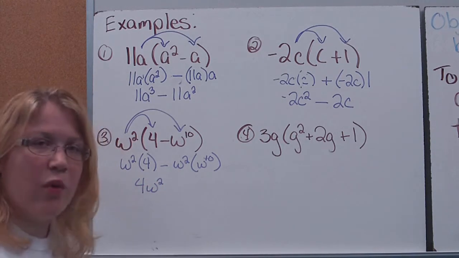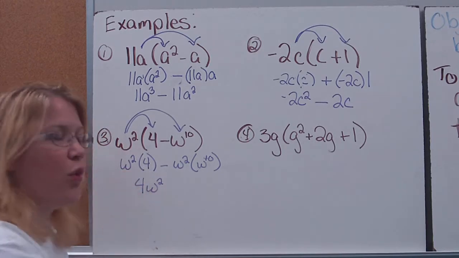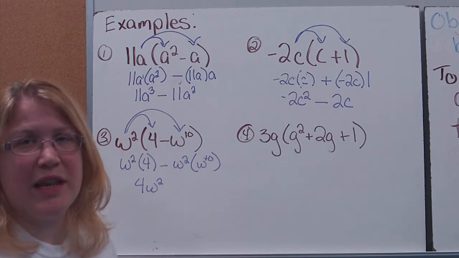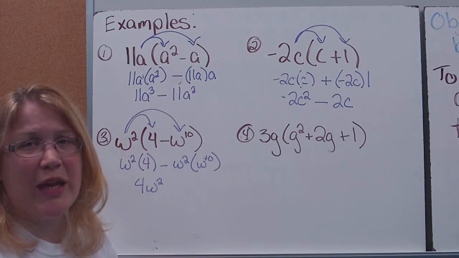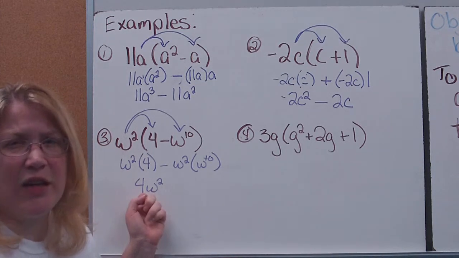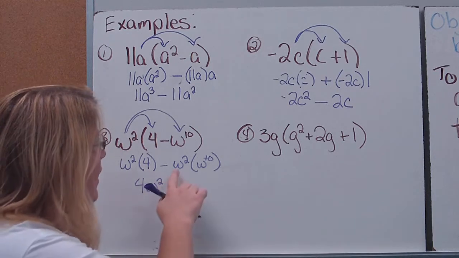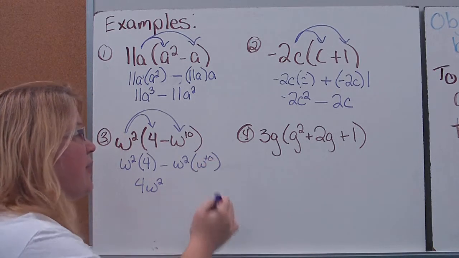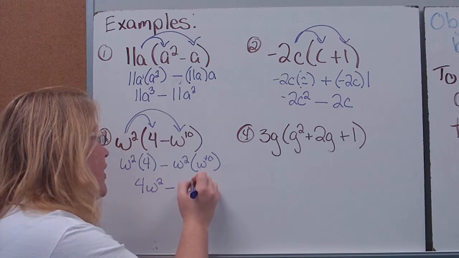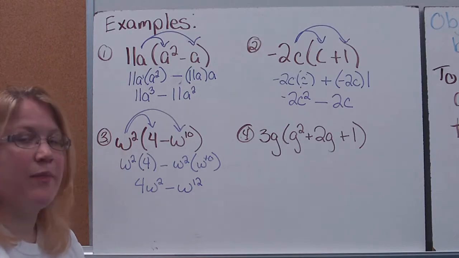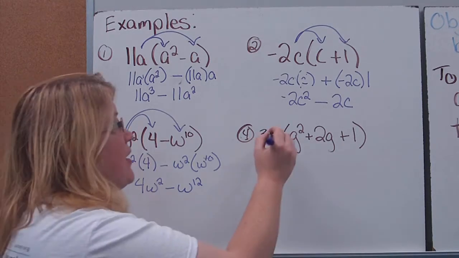You generally write the coefficient before you write your variable. That's just the standard way that we write it. W squared times 4 is the same thing. In multiplication, order doesn't matter. So w to the 2nd and w to the 10th. So remember, we're adding our exponents. So I'm going to wind up with w to the 12th. There's my answer.